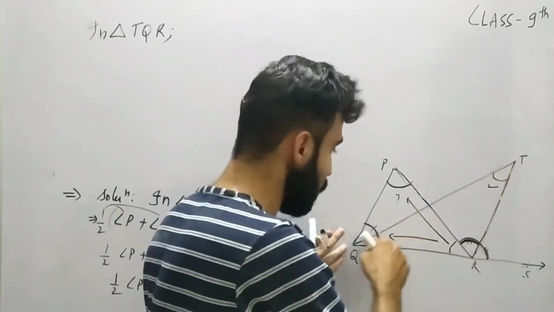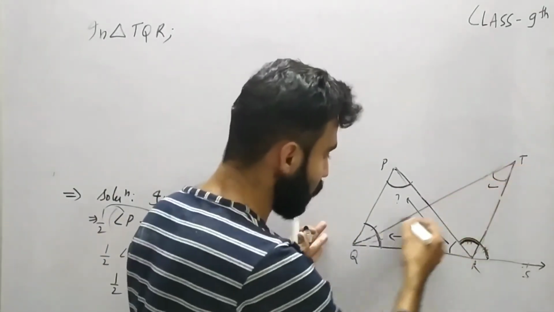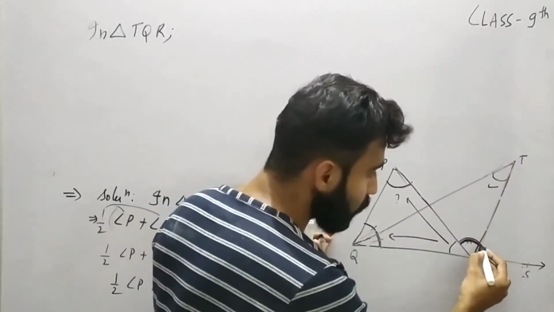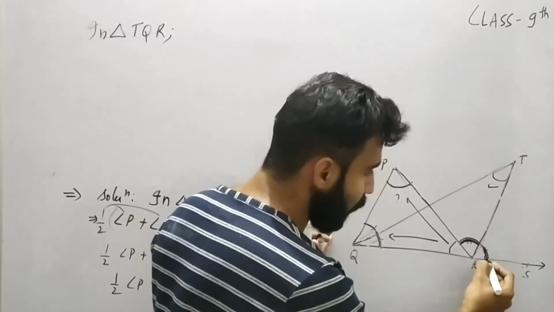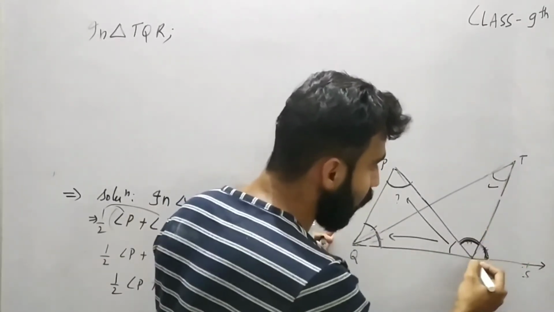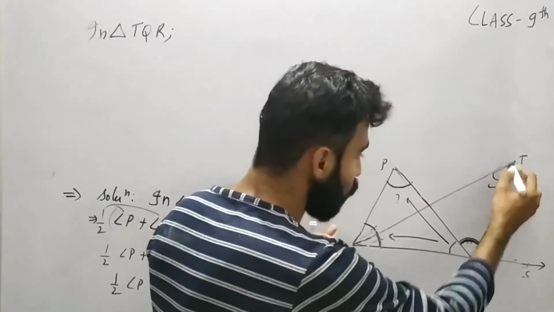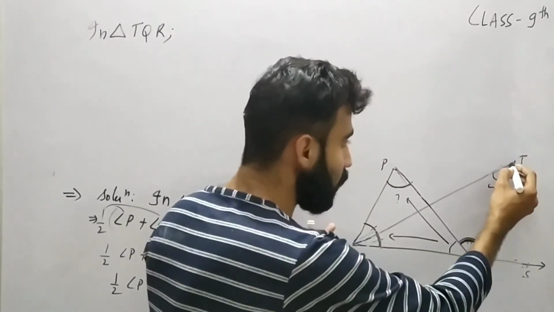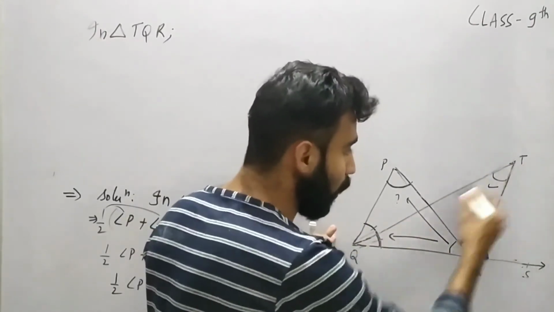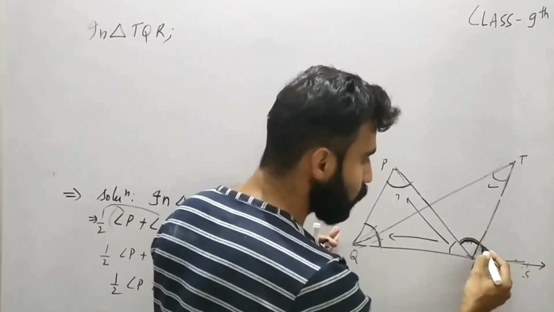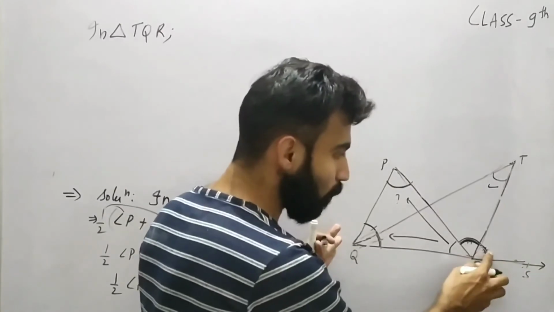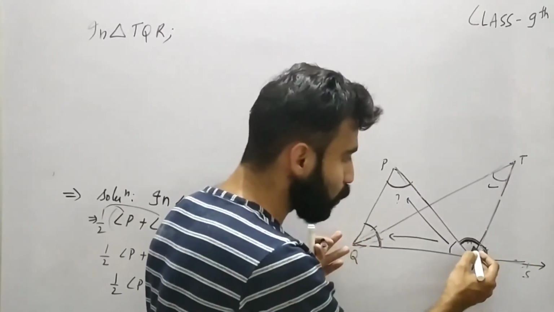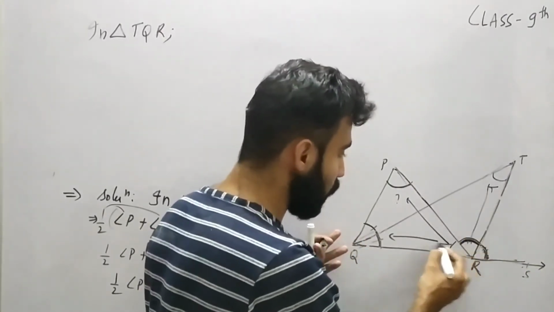If you observe this triangle TQR, you will see there's an external angle again, named TRS. This angle TRS is an exterior angle for triangle TQR, right? If I extend this side, this is the exterior angle, and we know the value of this angle is going to be equal to the interior opposite angles, right?